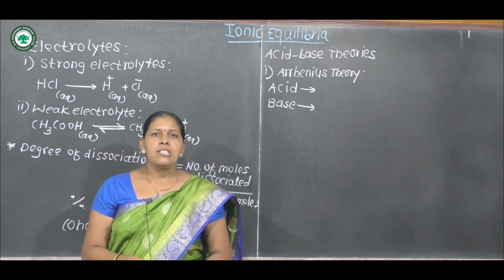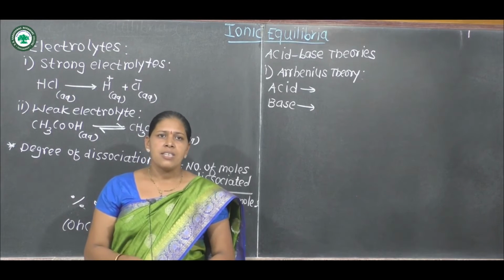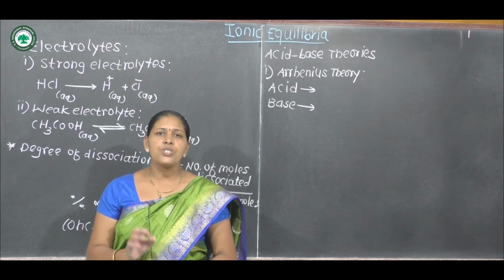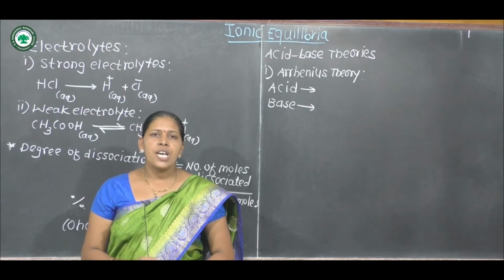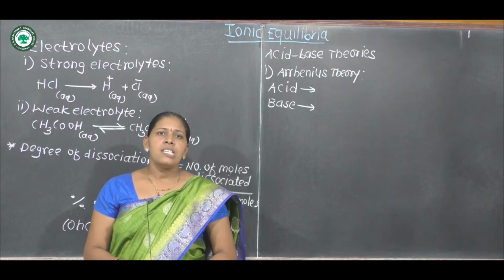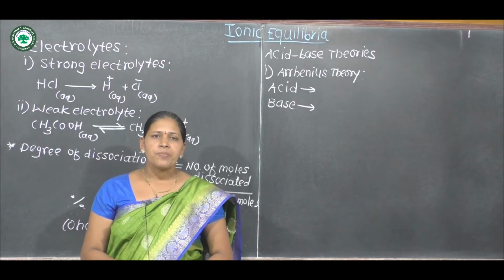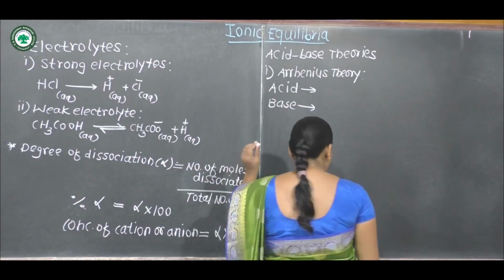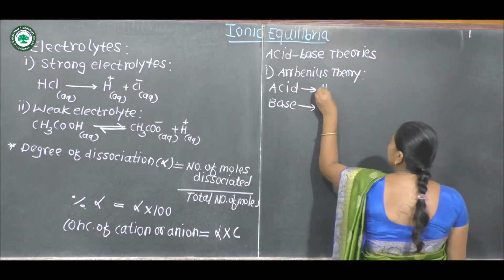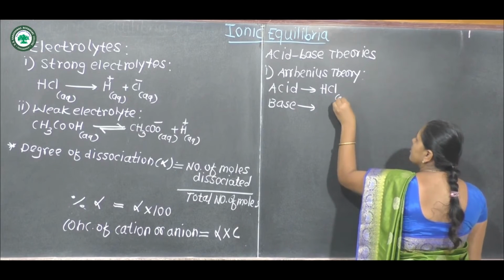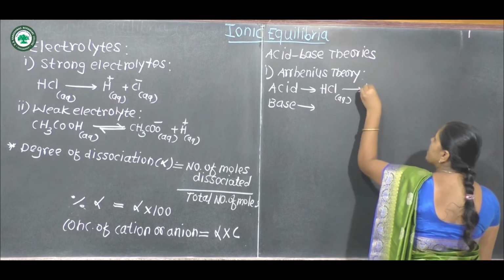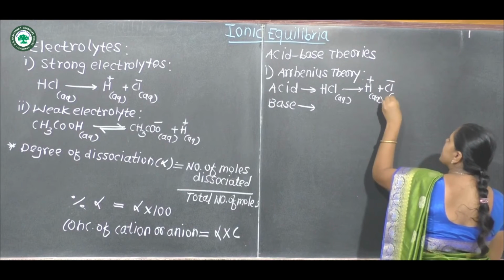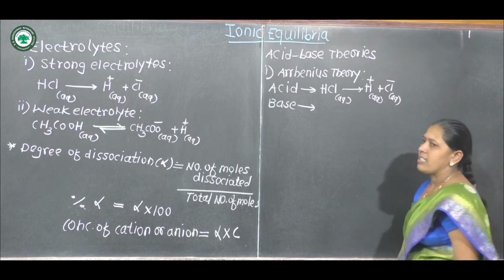According to Arrhenius theory, what is base? Base is the substance which consists of hydroxyl ion, OH group, and which gives rise to hydroxyl ion in aqueous solution, called a base. For example, HCl gives H plus ion in aqueous solution, therefore it is acid according to Arrhenius theory.